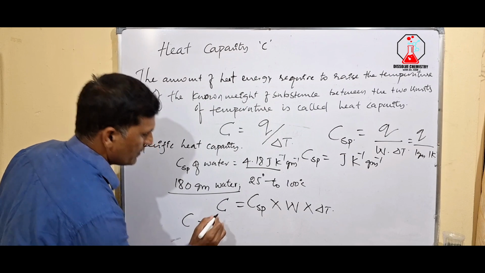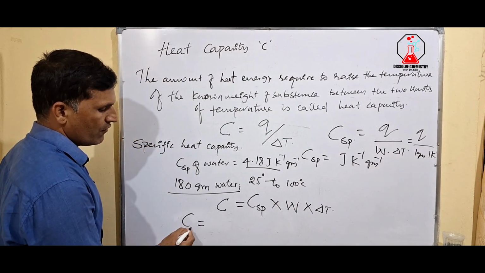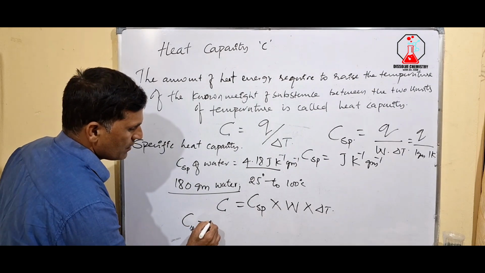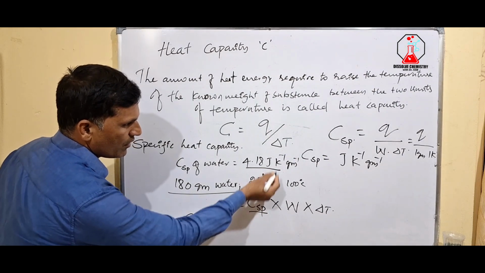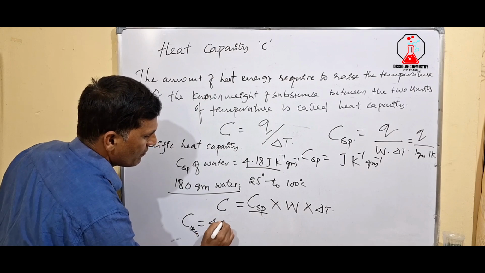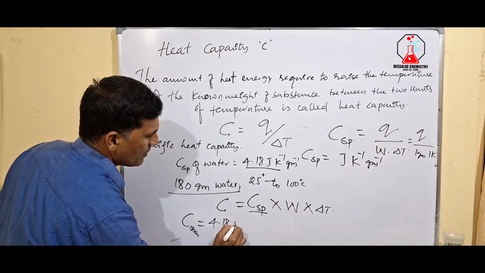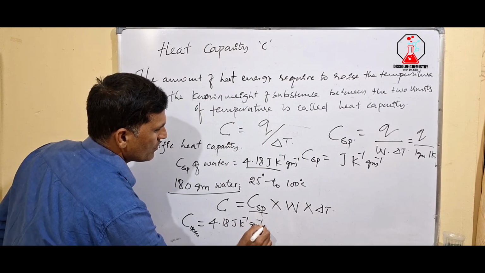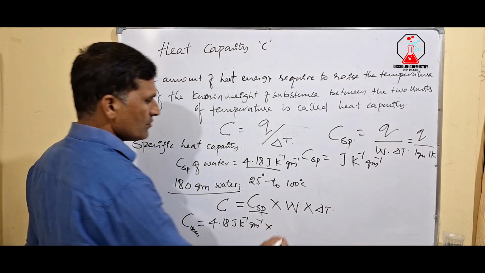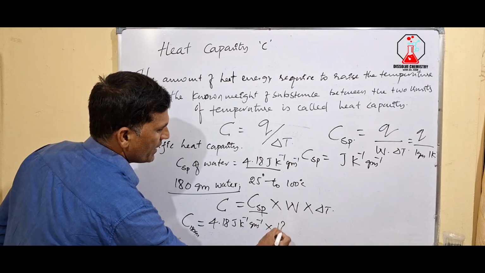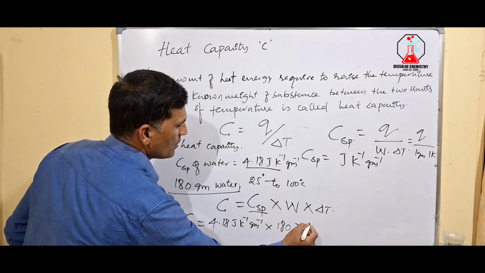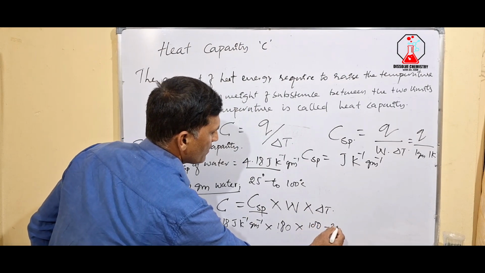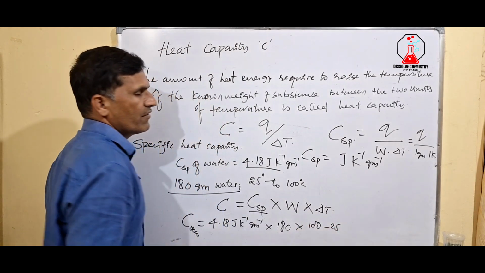So therefore C is equal to heat capacity of 180 gram of water, that is, specific heat capacity 4.18 joule per Kelvin per gram into weight of the substance, 180 gram we have taken, into change in temperature 100 minus 25, so that turns out to be 75.